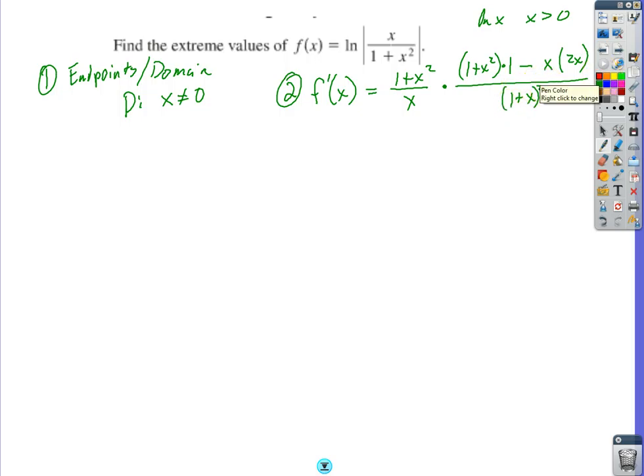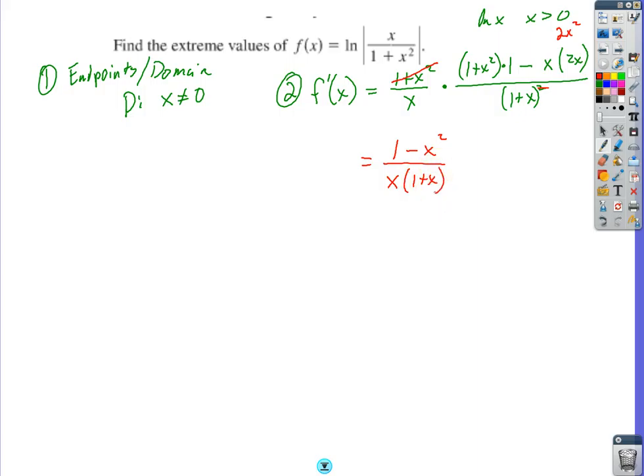I do some algebra. The 1 plus x squared here cancels out that there. And then what I have up here, x times 2x is 2x squared. So I got 1 plus x squared minus 2x squared. So my top becomes 1 minus an x squared. My bottom becomes x times 1 plus x.